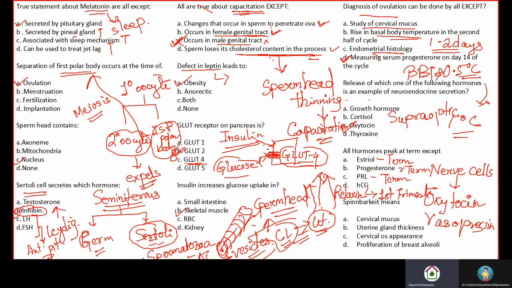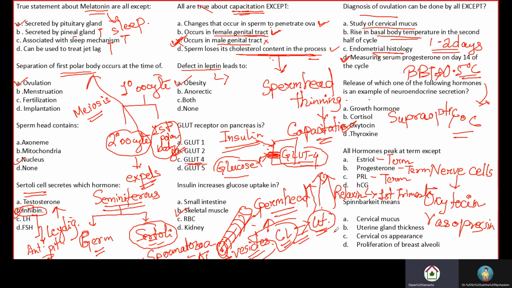Estradiol, progesterone, prolactin will be at peak level during term, but relaxin and HCG will be at peak level during the first trimester. Okay.